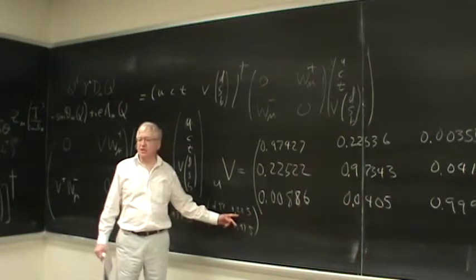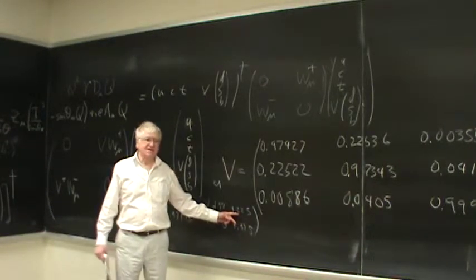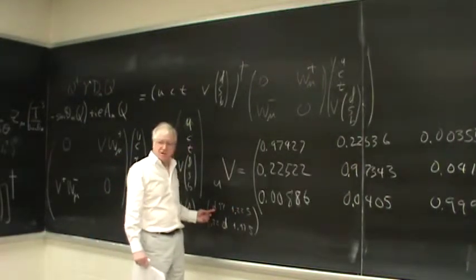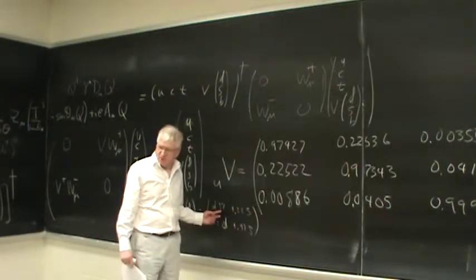This 0.22 was said to be the sine of the Cabibbo angle, so the Cabibbo angle was like 1/5. And this 0.97 was thought to be the cosine of the Cabibbo angle.